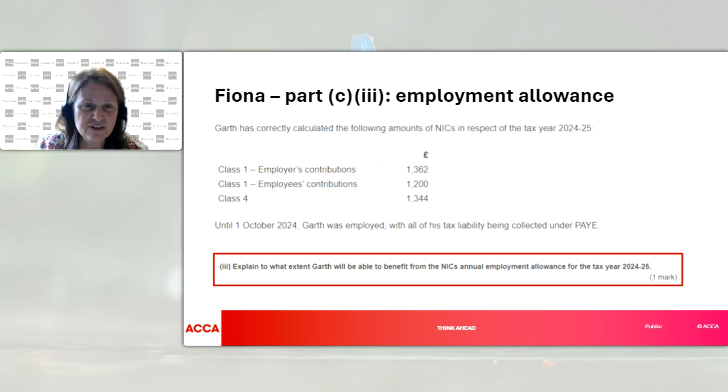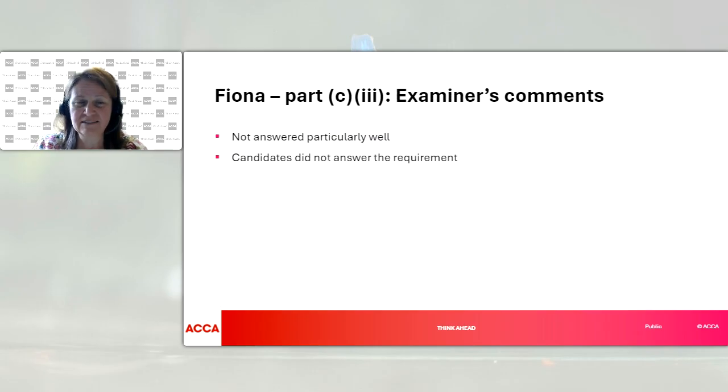And you were given figures, you were told what the employer's contributions were. So the employment allowance is available against employers' contributions. And again, the examiner said, not answered particularly well.